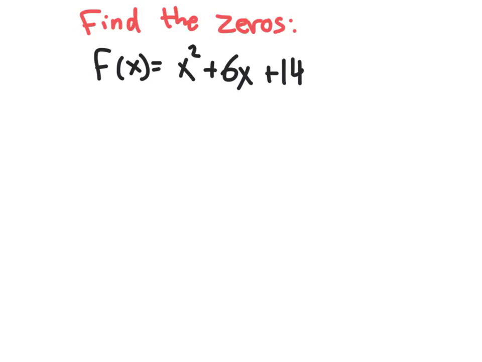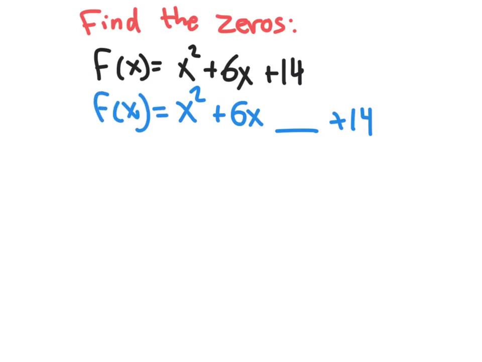And if we complete the square, we simply move the 14 a little to the side. Remember, we're not solving an equation here. This is f of x, so I don't want to move it to the other side. I want to keep f of x by itself. Now I'm going to complete the square by taking half of b and then squaring it. Okay, half of b is 3. Square it, you get 9.